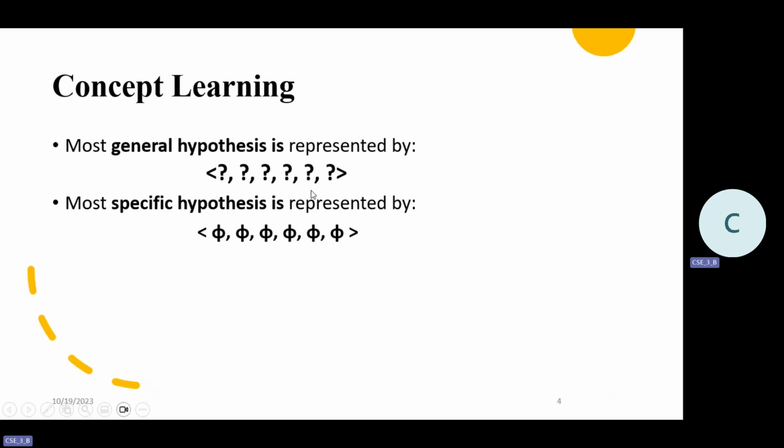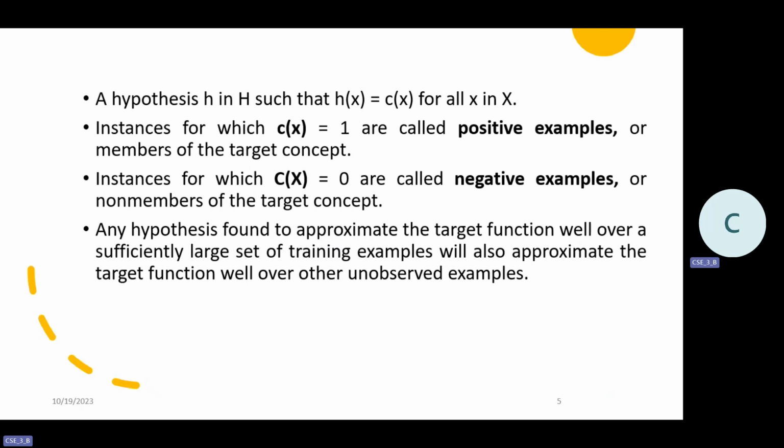It represents the most general hypothesis, where the question mark can represent any value. And the most specific hypothesis is represented by the phi symbol, where it represents no value. There are totally 6 attributes, so we use 6 phi symbols. It represents no value.